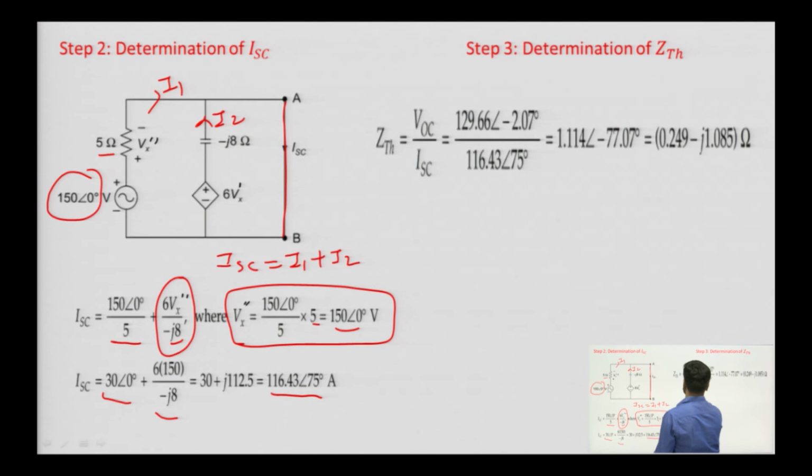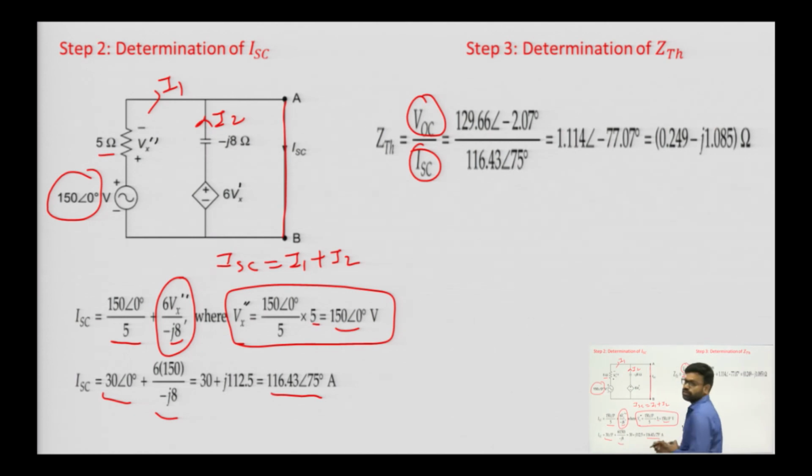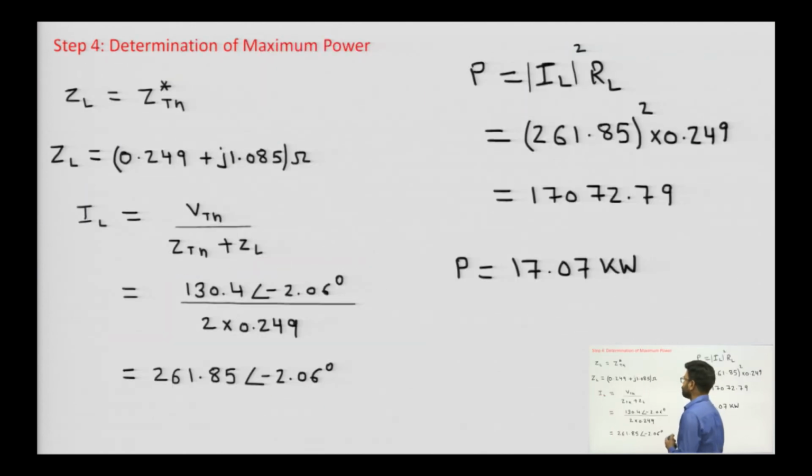Now, ZTH we have said will be equal to VOC divided by ISC. So, VOC is 129.66 at an angle of minus 2.07 degree divided by ISC, which is 116.43 at an angle of 75 degree. So, we get 0.249 minus j1.085 ohm.